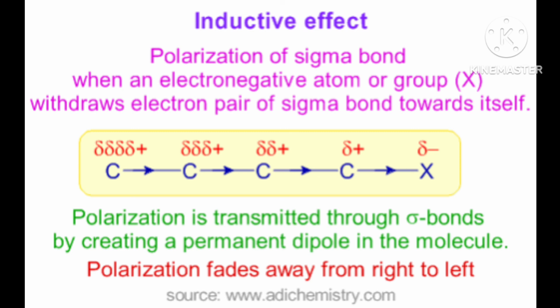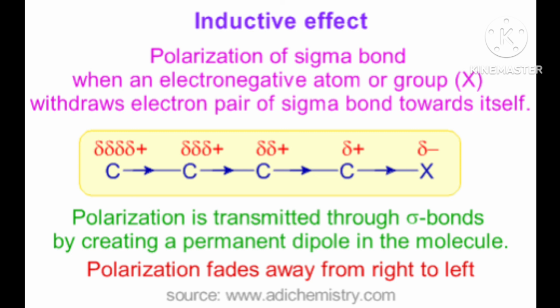Because the first carbon is lagging some electrons, from the neighboring carbon it will try to take some electrons, hence the neighboring carbon will become positive, because electron will move from that carbon to the first carbon.